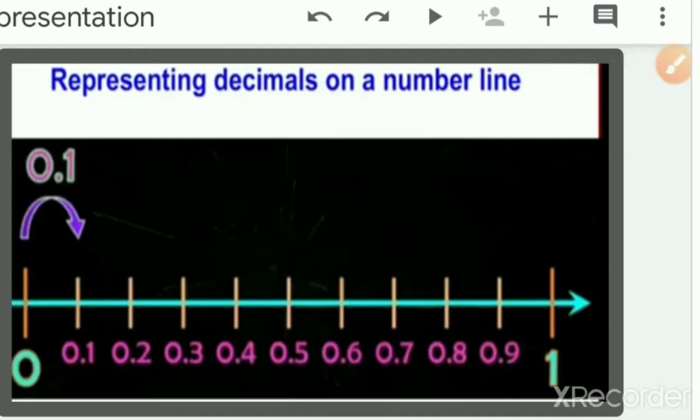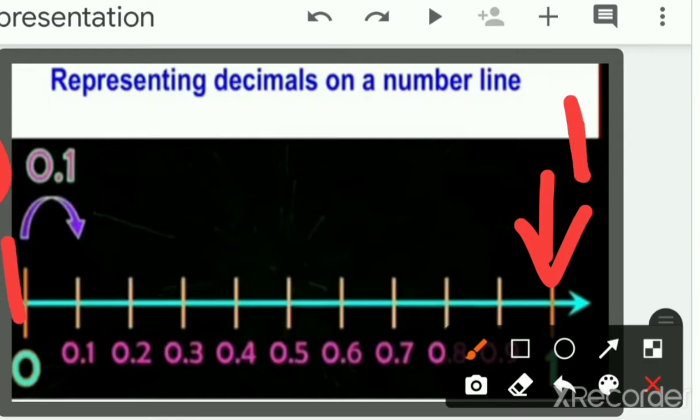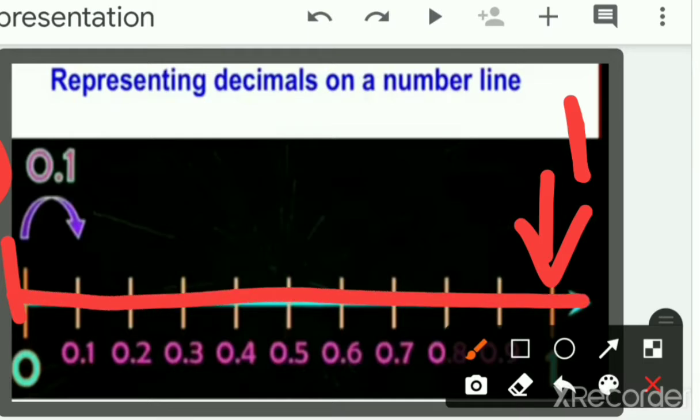Now we have representing decimals on a number line. Here we have the numbers 0 and 1. The representation on the number line will have a total of 10 parts or sections.